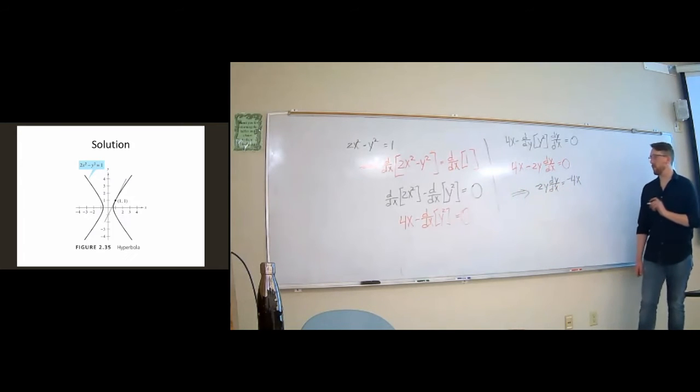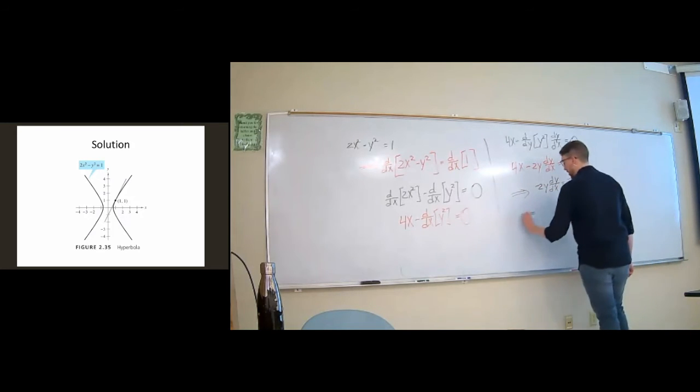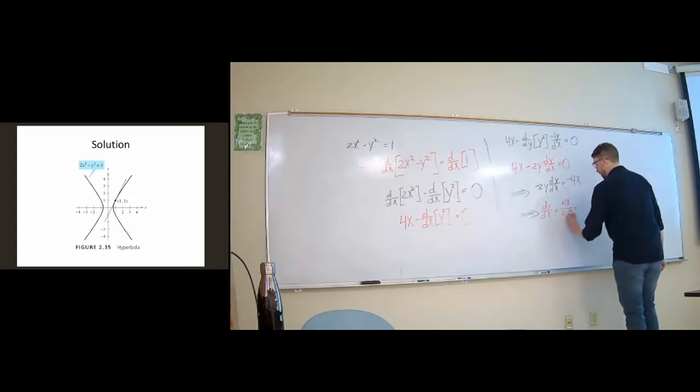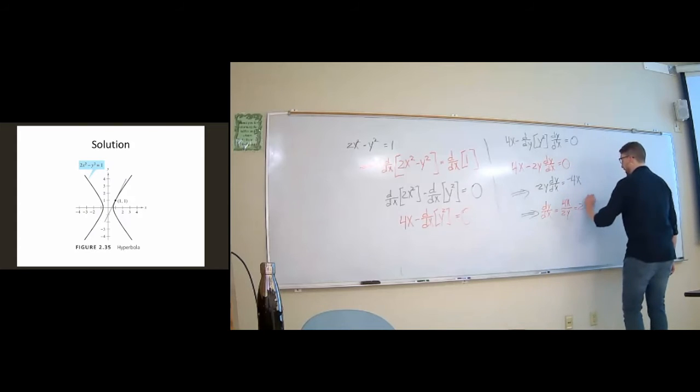Dividing negative 2y from both sides, this tells us that dy dx is equal to 4x over 2y, or 2 times x over y.